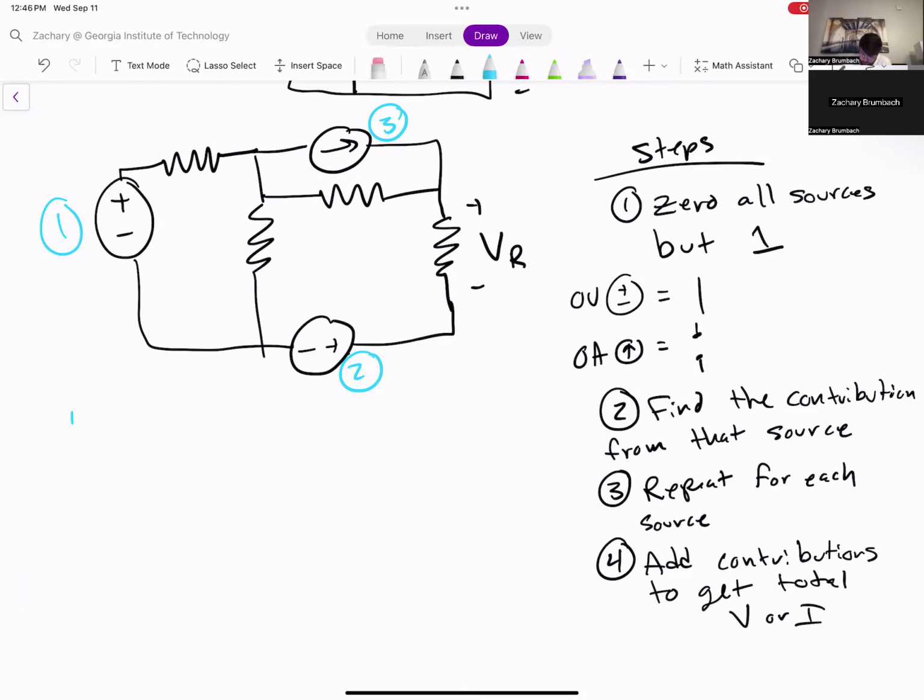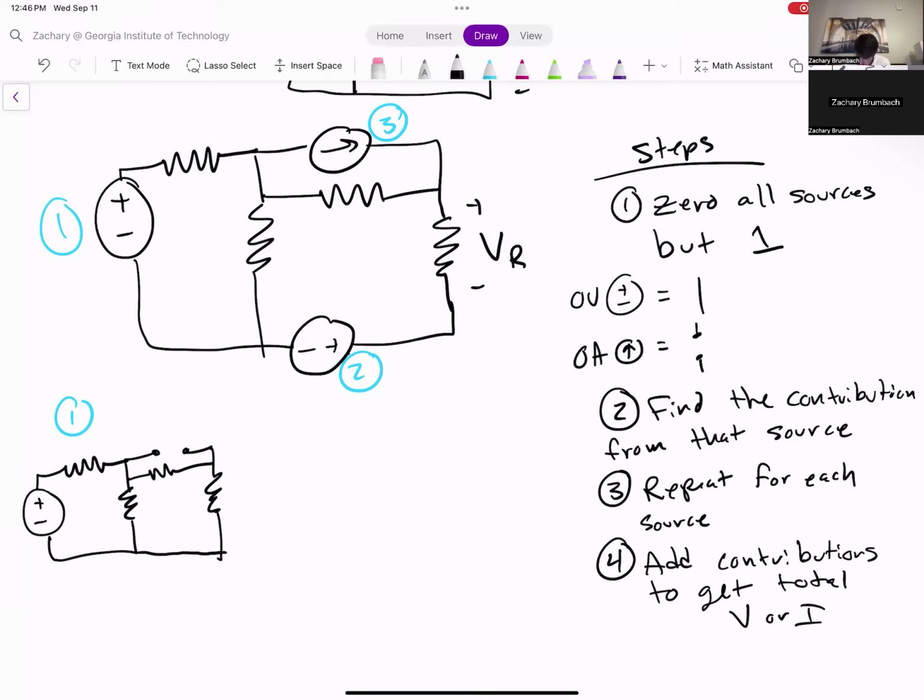So for instance, if we're doing this for source 1, so we 0 all sources but 1. In this case, we're keeping source 1, okay? The resistors don't change because they're not sources. Our current source here is going to be an open. The resistor doesn't change.